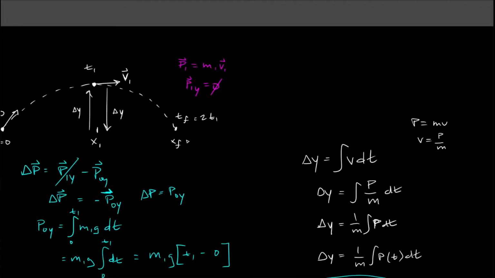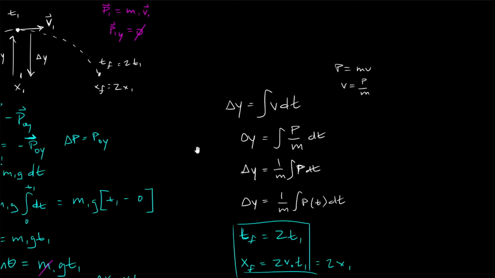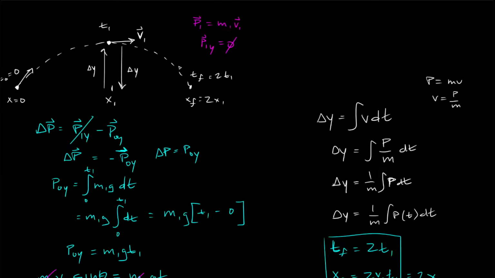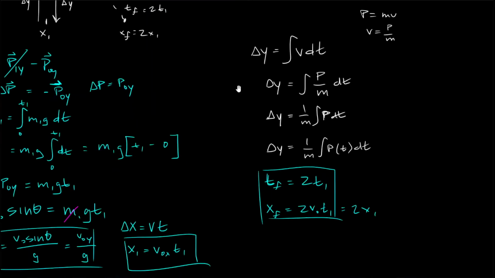So we have x_f, x1. And we could get this same result using kinematics. As we know, this motion is parabolic. So the time it takes to go up is the same as the time it takes to go down, since it's symmetric. Although we got there using momentum instead.